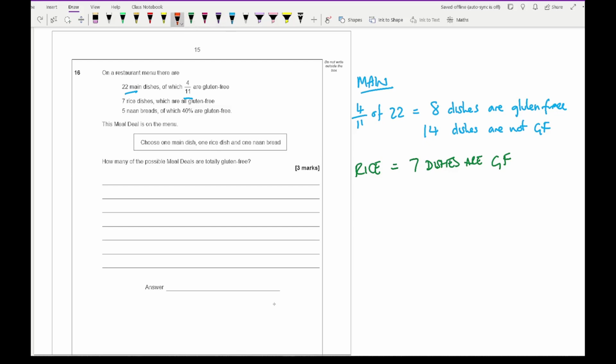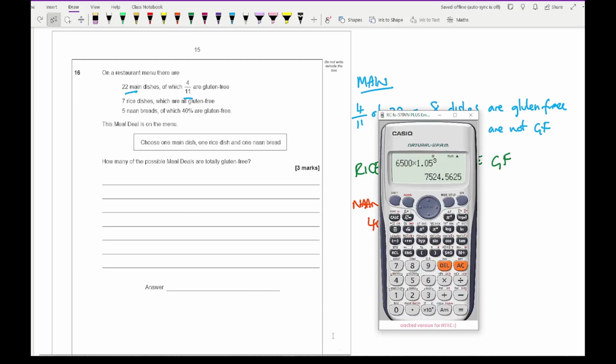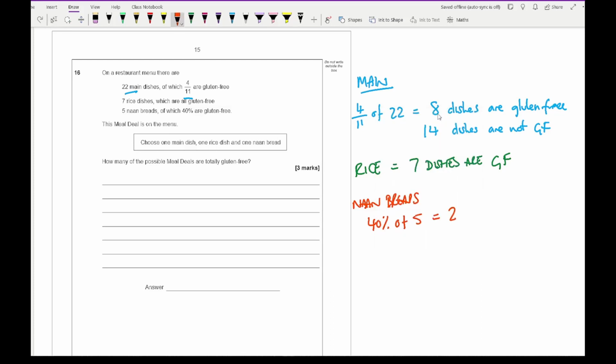So in terms of the naan breads, we've got 40% of 5, so 0.4 times 5 gives me 2. So we've got 2 naans that are GF, and therefore 3 not GF.